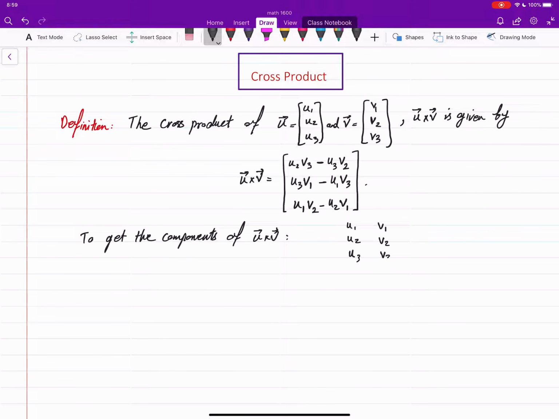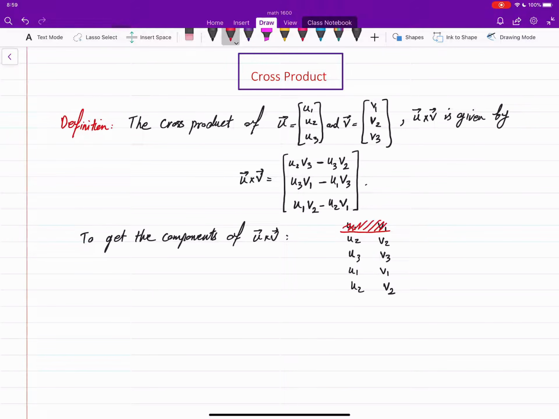Then add the first two rows to the end of the columns, so it will be u1, u2, v1, v2. Ignore the first row.